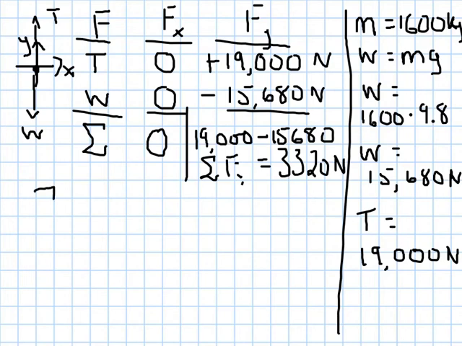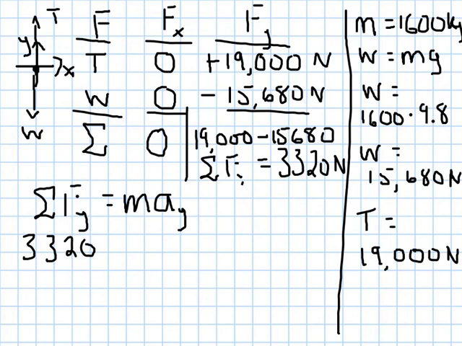Now I'm not quite done. I need to set that sum of the forces in the y direction, that's my net force, equal to the mass of the object times its acceleration in the y direction. So 3,320 newtons is going to be equal to 1,600 kilograms times this acceleration. Now I can double check with the problem to figure out what I was asked to solve, but this one was fairly straightforward.